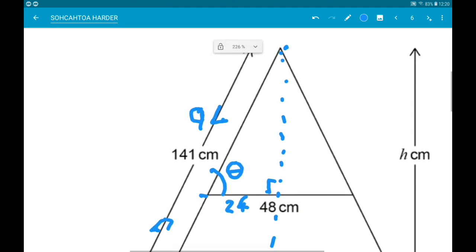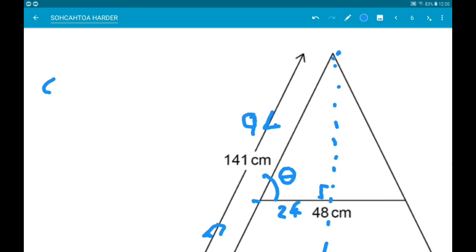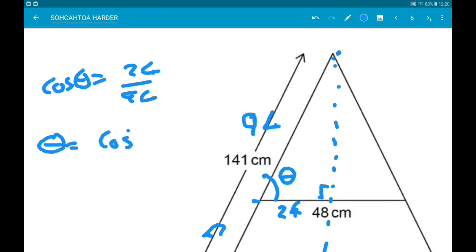So, cos theta is 24 over 94. Theta then is the inverse cos of 24 over 94. Now that gives us, if we go to one decimal place, 75.2 degrees.